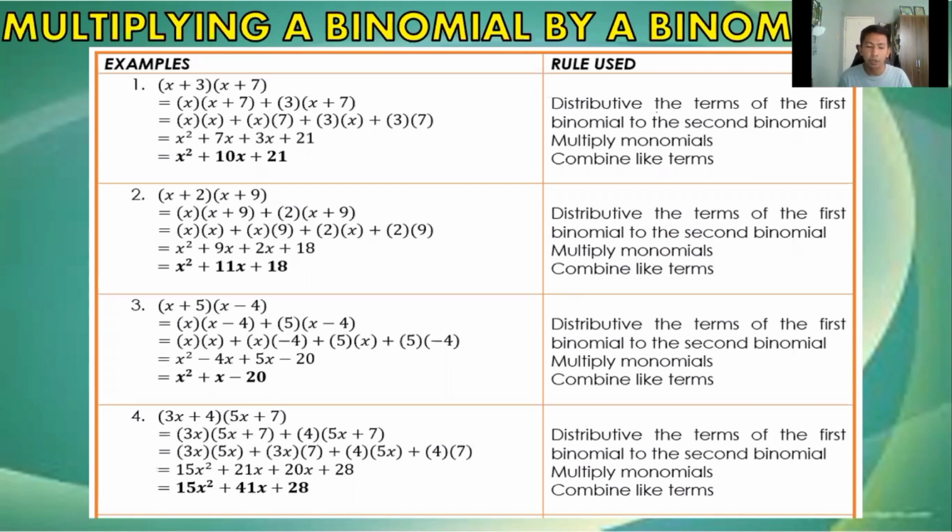So when multiplying a binomial by a binomial, each term of the first binomial must be multiplied by each term of the second binomial. Like terms are then combined when multiplying two binomials. 4 multiplications must take place. Okay? Paano yan?